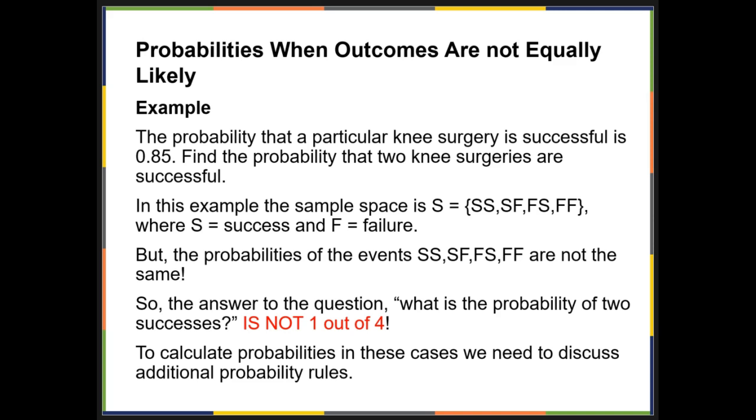But the probabilities of the events are not the same. So the answer to the question is not 1 out of 4. In order to calculate this, we have to look at additional probability rules.